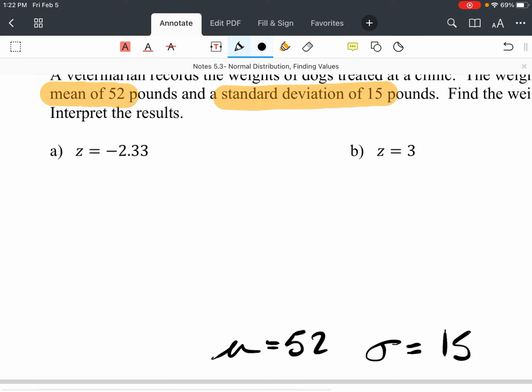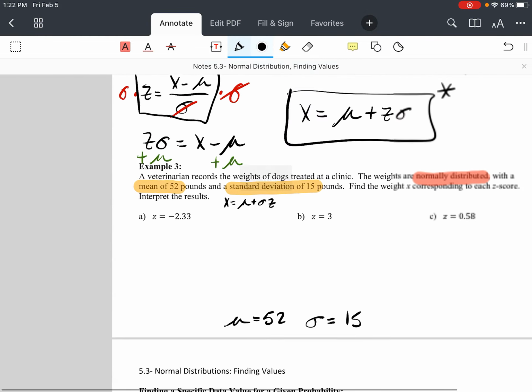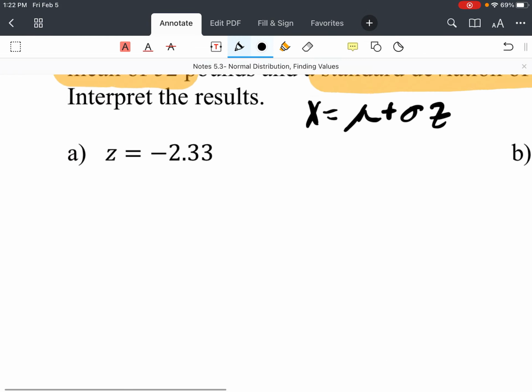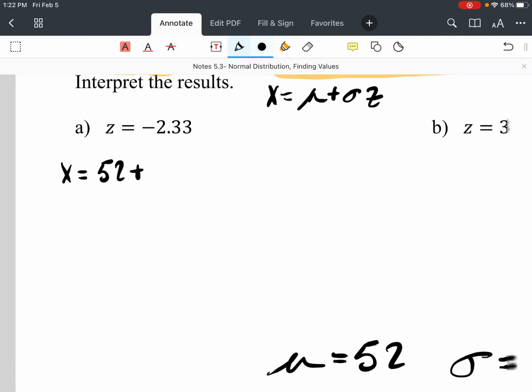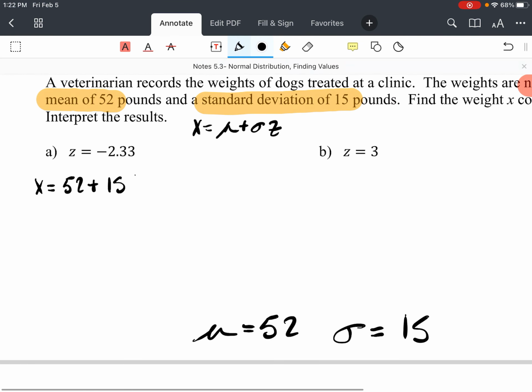All right, so looking at part A, I'll go ahead and write this down so we have it: x is equal to the mean plus the standard deviation times z. So we have that x is equal to the mean, which is 52, plus the standard deviation, which is 15, times negative 2.33.